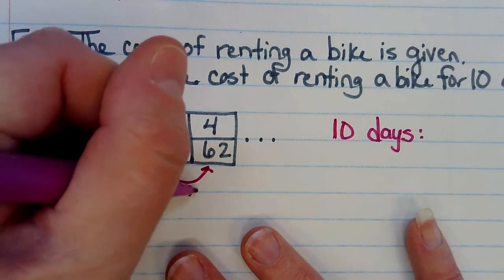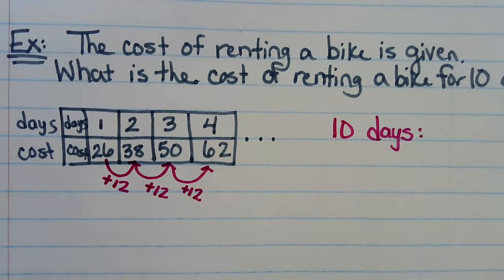Why would it cost more? You're adding it up. No, why would it cost 26 on the first day, but then only be willing to add $12 the next day? It's kind of like that cable bill: they're charging you not only per day, but also the initial cost to rent the bike.